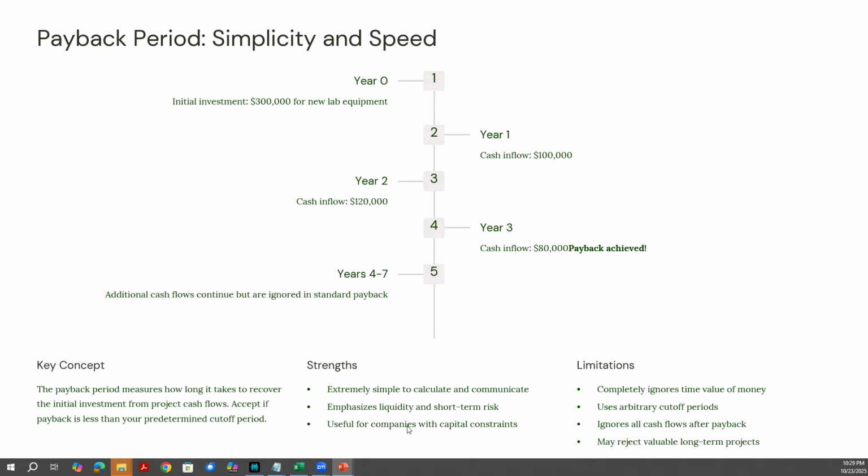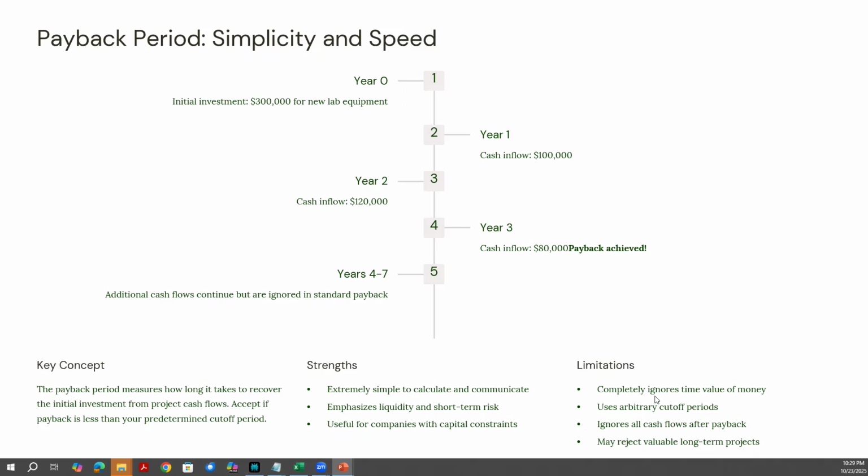And it's particularly valuable for companies with capital constraint. If you are making losses for a while and you are looking to minimize your cash outflows, you're close to bankruptcy, say. So in those circumstances, a payback method may be a perfectly good method to use.